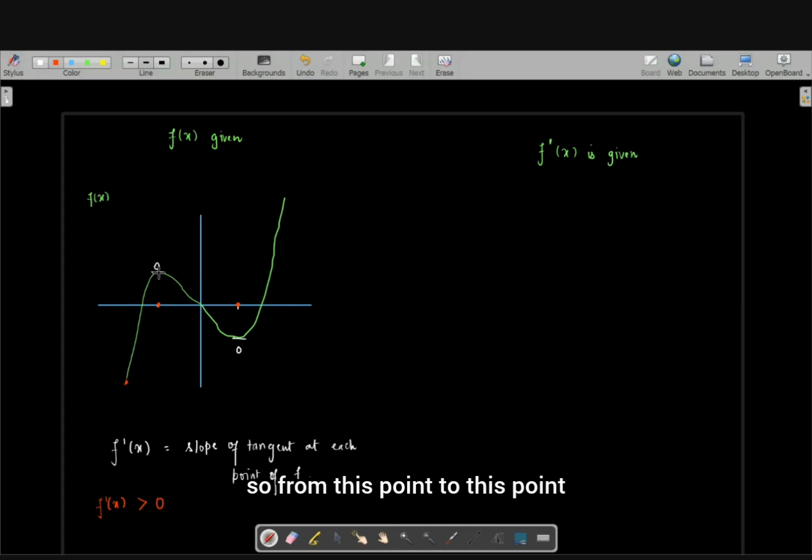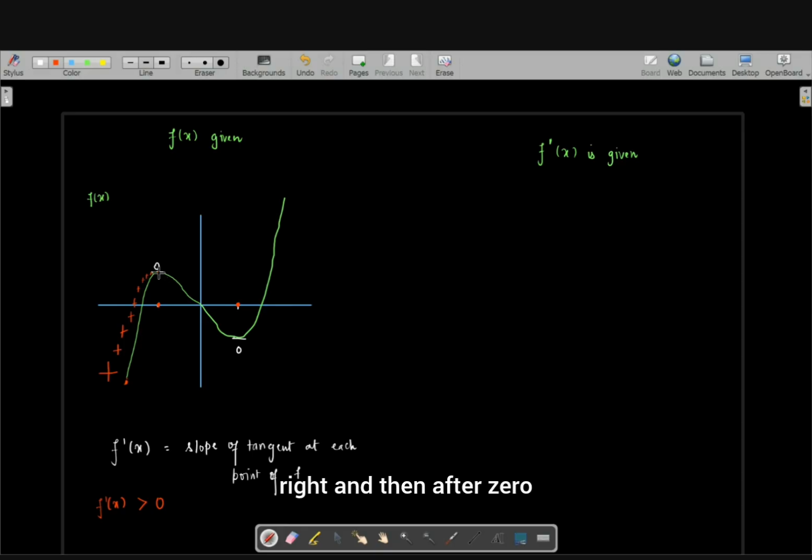From this point to this point, the graph is increasing. So here it will be positive, but it will be more positive here because here it is more steep. Then it becomes less steep. So a very big positive number, then a small positive number, and it keeps becoming smaller and smaller, and then it becomes 0.